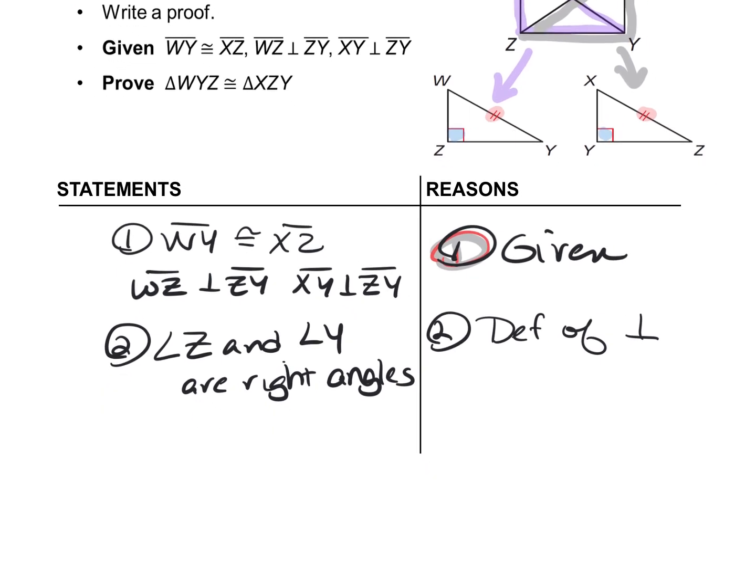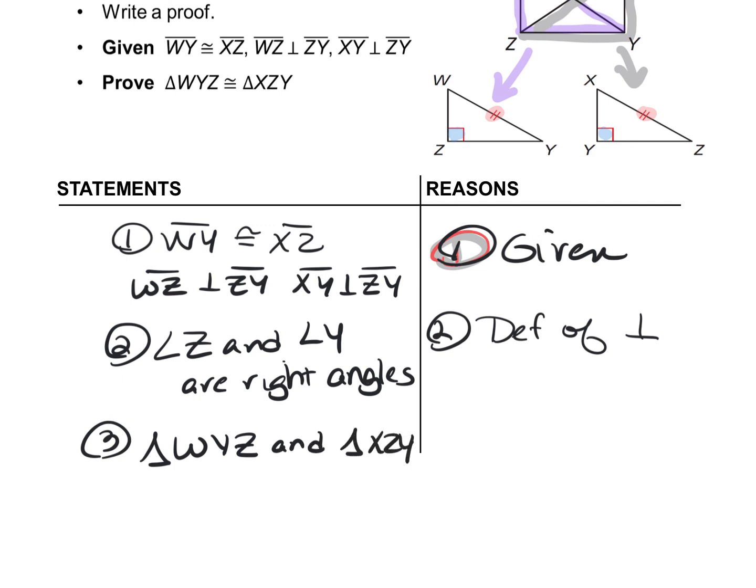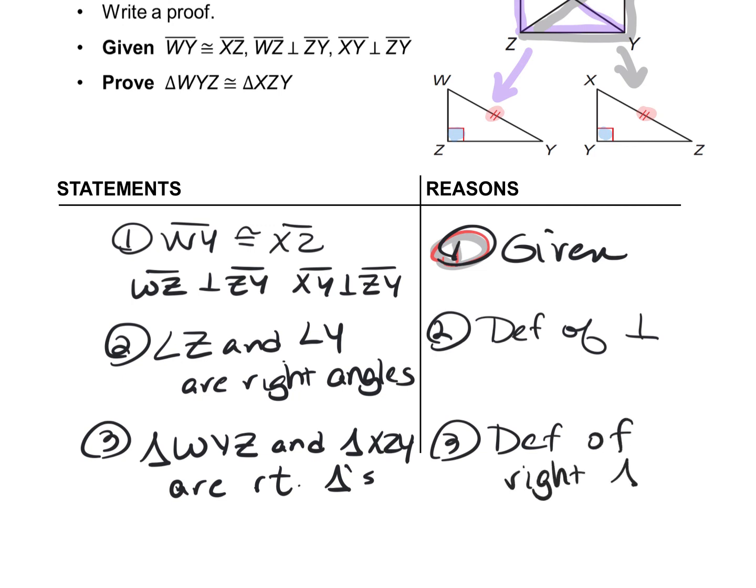And now, because I have right angles, my next statement could be that triangle WYZ and triangle XZY are right triangles, and this would be the definition of a right triangle because it has a right angle.